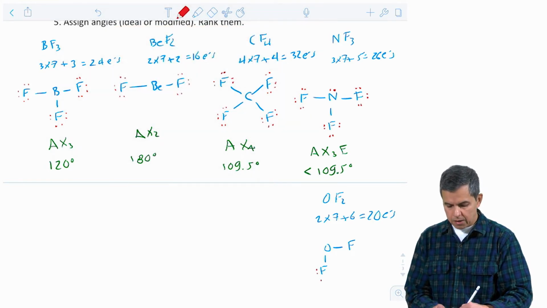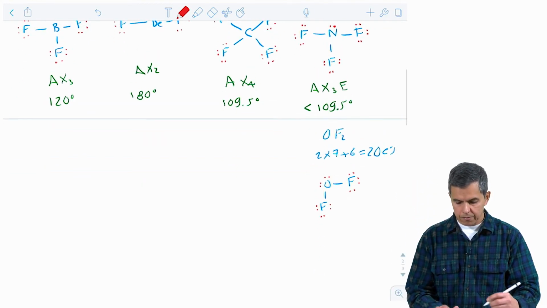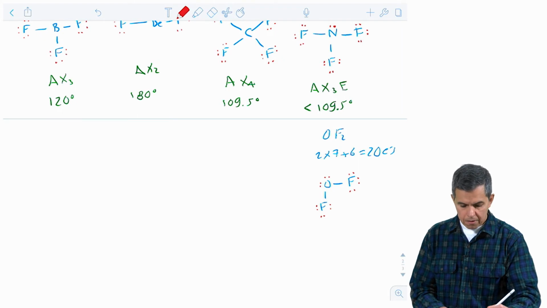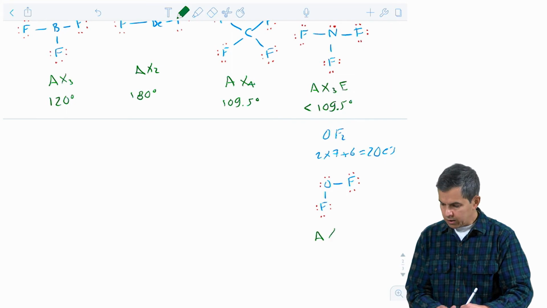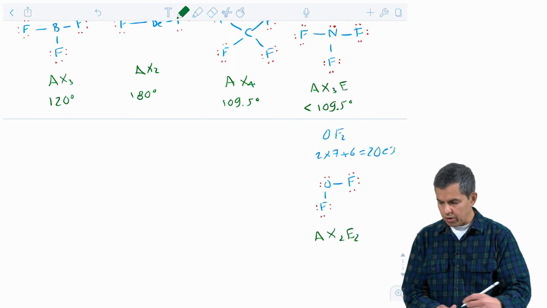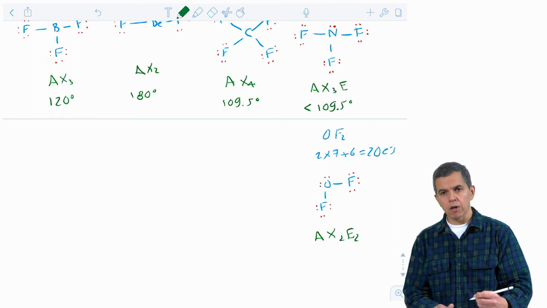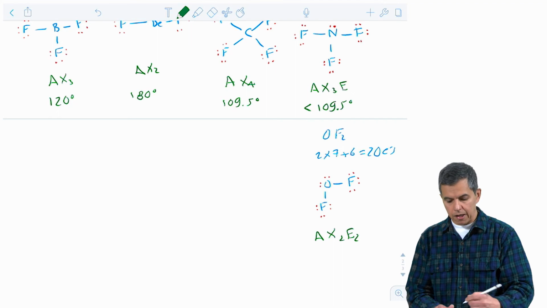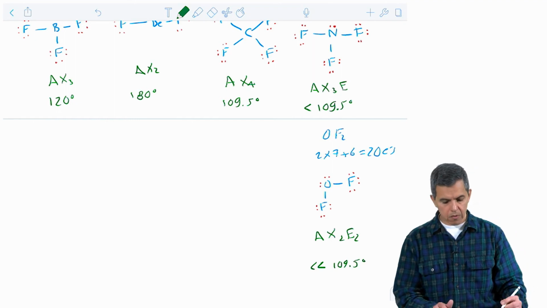So we are going to place 6 on each fluorine and 2 lone pairs on oxygen. Because there are 2 lone pairs on oxygen, we have an AX2E2 molecular shape, and the repulsion of 2 lone pairs on oxygen is much more than 1 lone pair of electrons. Therefore, the bond angle is going to be much less than 109.5 degrees.